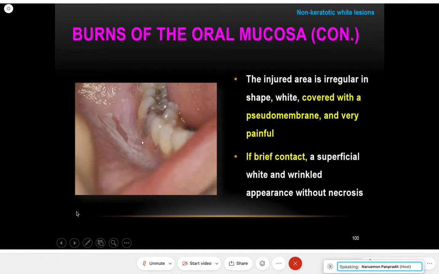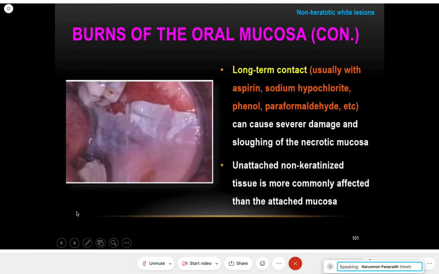The surface is smooth and most are wrinkled, with or without necrosis. It depends. This is an example of an acute area of chemical burn, peeling of the white epithelium. Sodium hypochlorite, the root canal irrigation solution, can also cause a chemical burn.